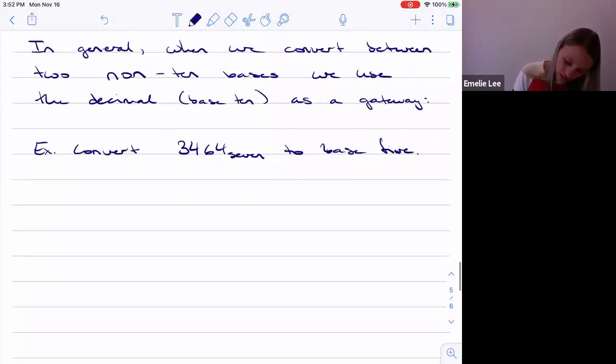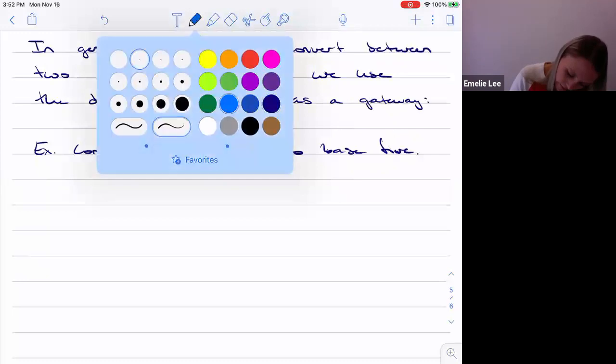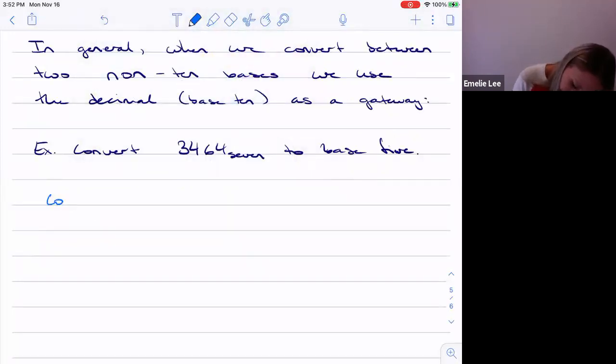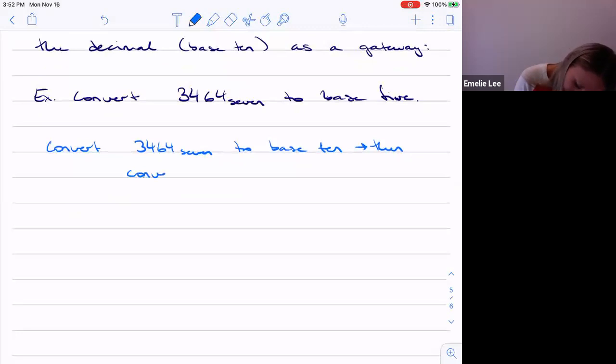So convert 3464 base 7 to base 10, then convert base 10 to base 5.